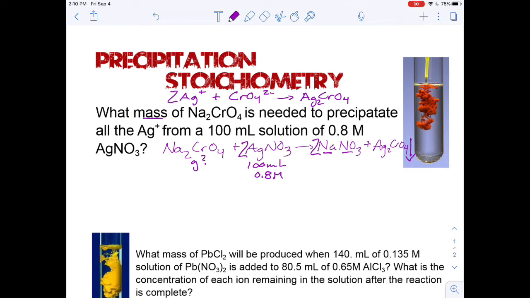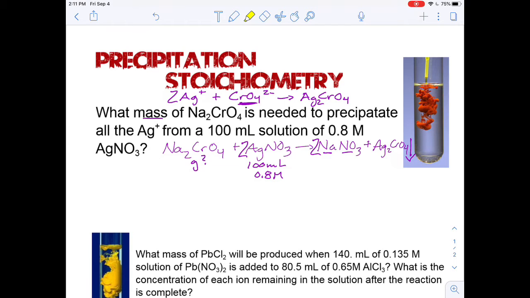So what it's asking is, how much of my sodium chromate do I need to cause all of the silver to become my solid? It's basically stoichiometry. What is the perfect amount of sodium chromate that I need to consume all of the silver ions that are present?